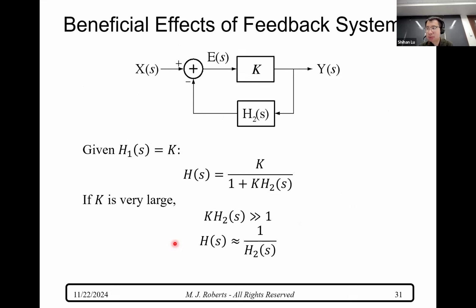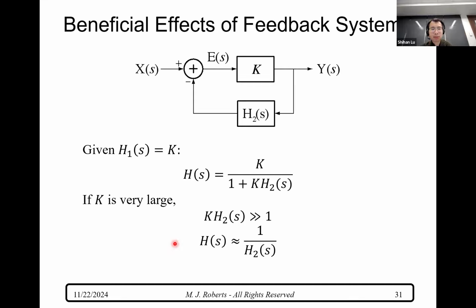We have talked about the effects of system feedback on stability, and now we want to talk about a couple of good things about the feedback. There are lots of benefits from this feedback, H2 of S. In different systems, mechanical systems compared to electronic systems, this feedback may play different positive roles.